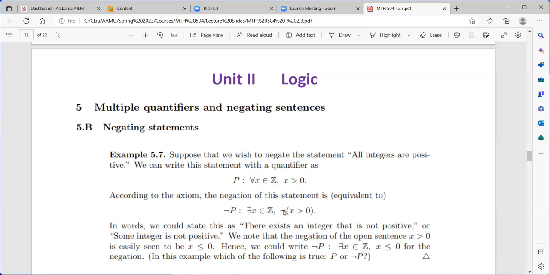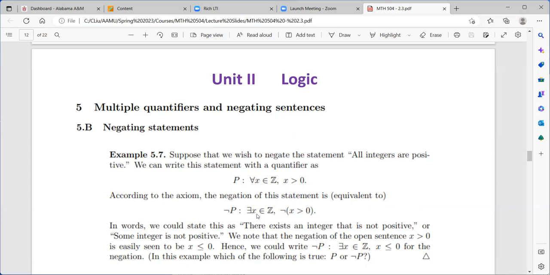so that the negation of X greater than 0 is true. If you think about the negation of X greater than 0, or positive, then the negation of that is just 0 or negative numbers, right? So X is either 0 or negative.